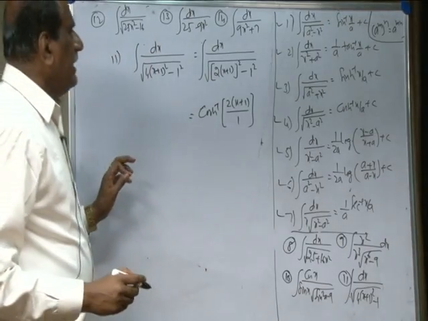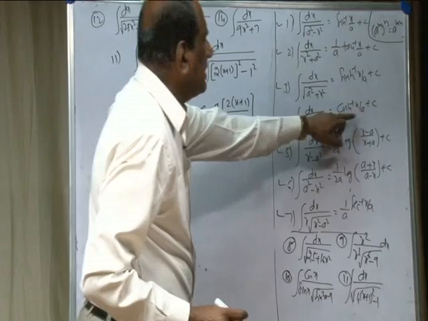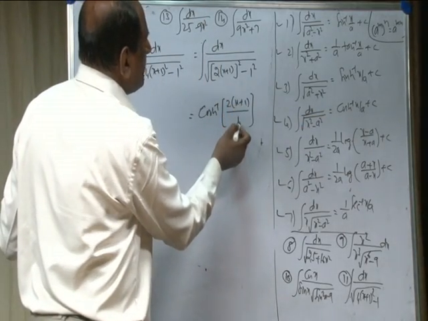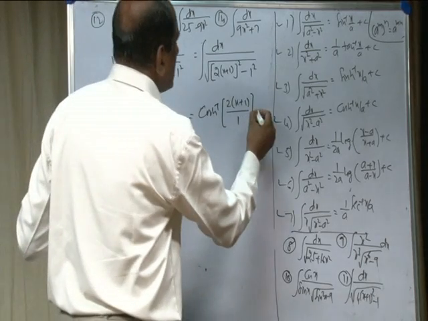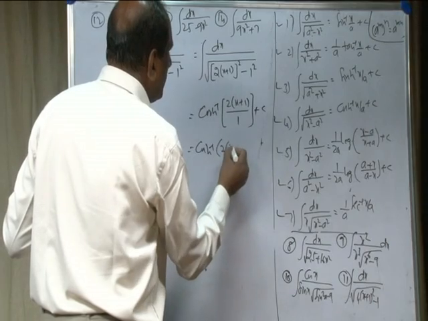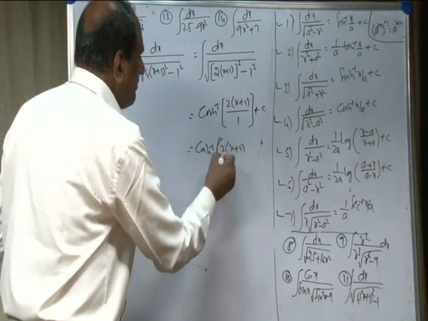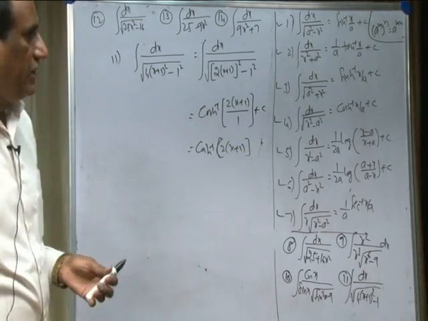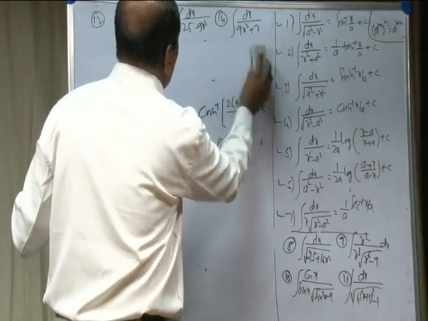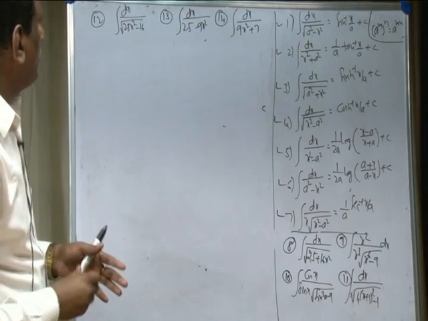So, the integral is cos h inverse x by a plus c, that is cos h inverse of 2 into x plus 1 by 1 plus c, or we can write cos h inverse, big bracket, 2 into x plus 1, close the big bracket. So, I used the standard forms. Now, 3 more problems are there. So, that is the 11th problem over.